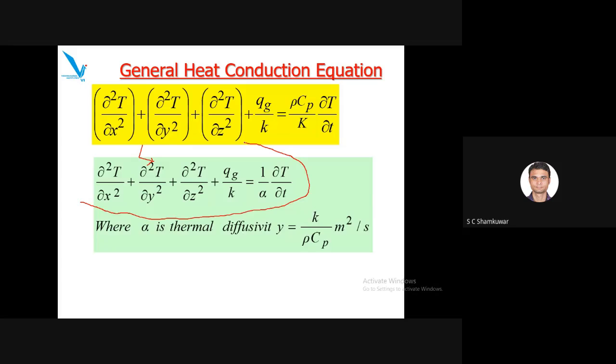This is called the generalized heat equation for conduction, applicable for all cases. Means what? For three-dimensional, for heat generation, and for unsteady also, because it is changing with direction and it is changing with time also.